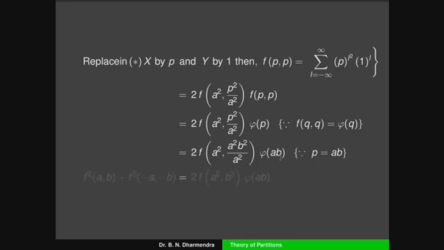Hence the fifth result: f square of a comma b plus f square of minus a comma minus b is equal to 2 times f of a square comma b square into phi of a into b. Similarly, we have to show the next one, with the subtraction.